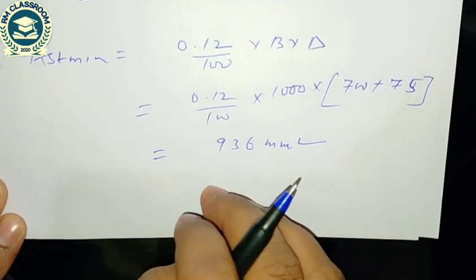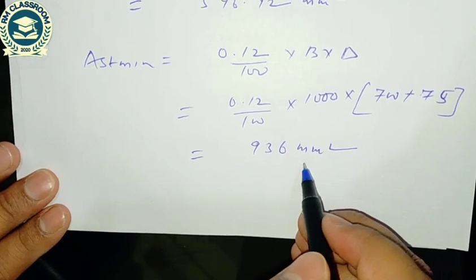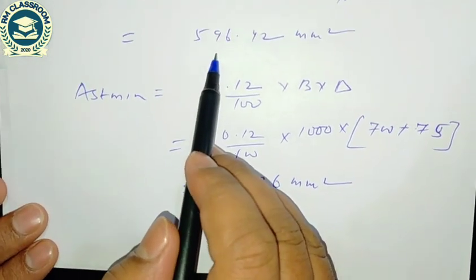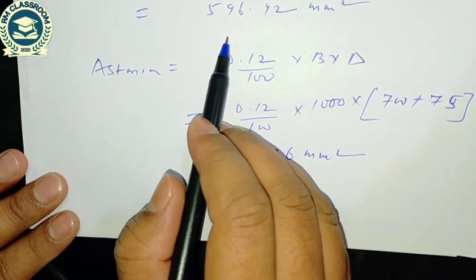So minimum area of steel is 936 mm square and providing is 596. So it is not okay.